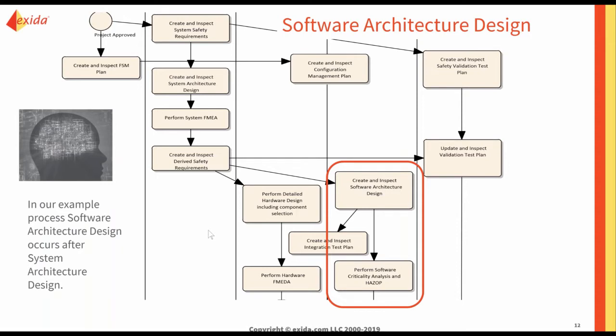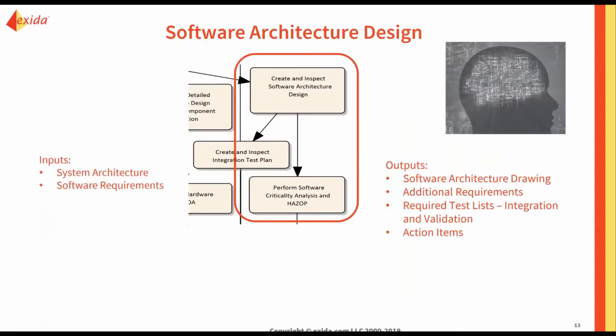In our particular example process, software architecture design comes after the system architecture design. And we can tell from that we need inputs of the system architecture and the software requirements.